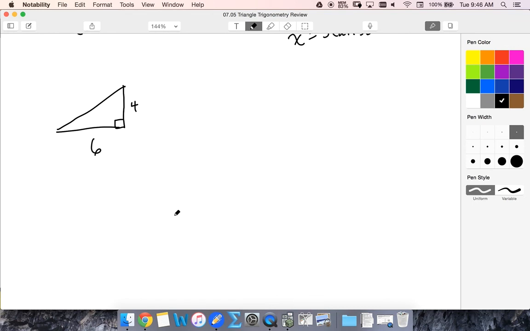I could use Pythagorean theorem to find this side, but if I'm looking for the angles, I'll call this one my theta. So tan theta is equal to 4 over 6. Well, if I want to get the theta alone, now I know the ratio, I don't know the angle. To find the angle, I need to inverse the operation.